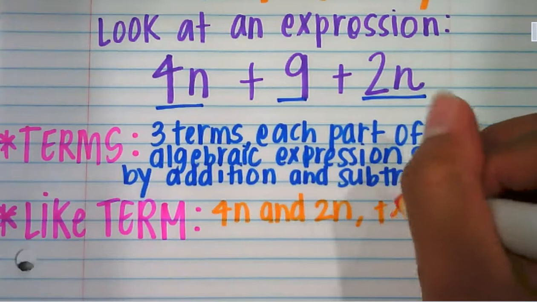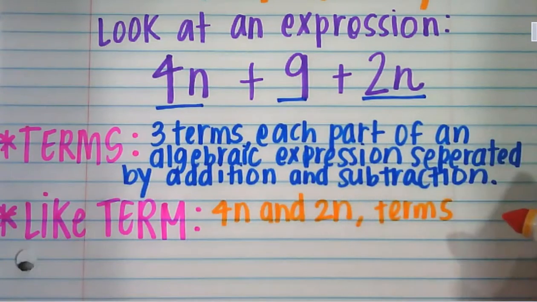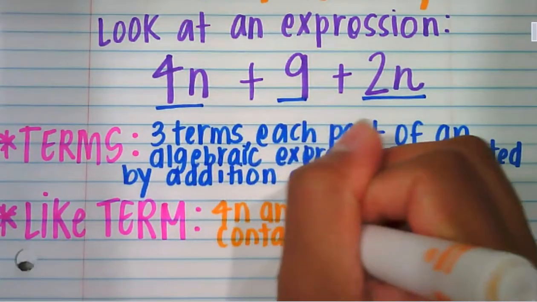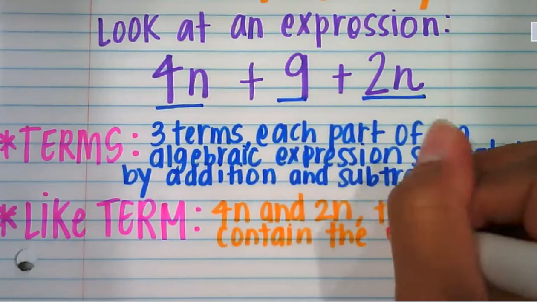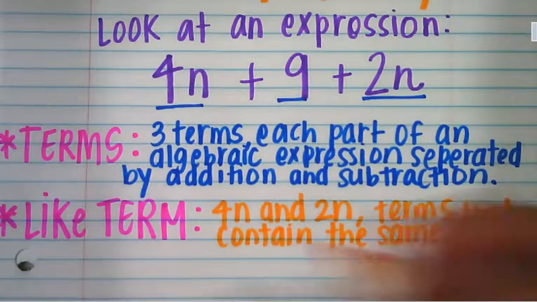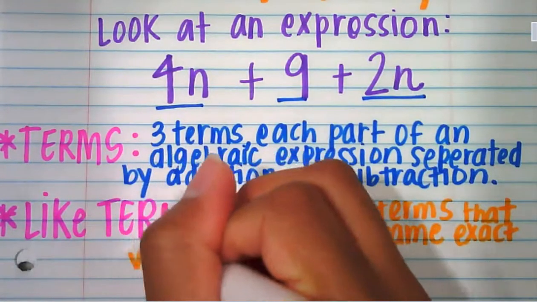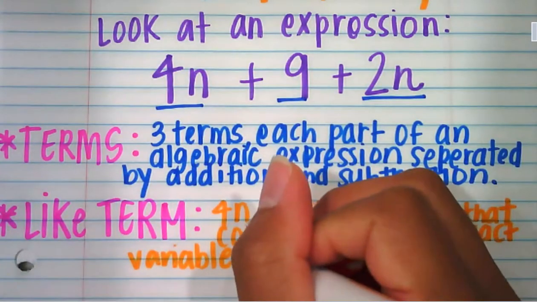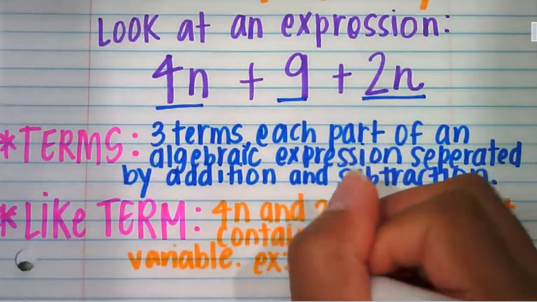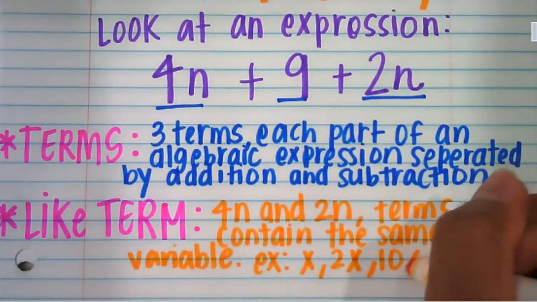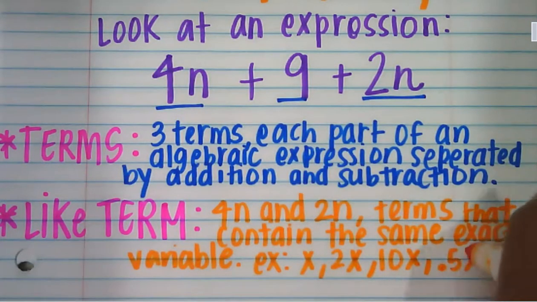Like terms are terms that contain the same exact variable, such as, here are some examples, x, 2x, 10x, 0.5x.